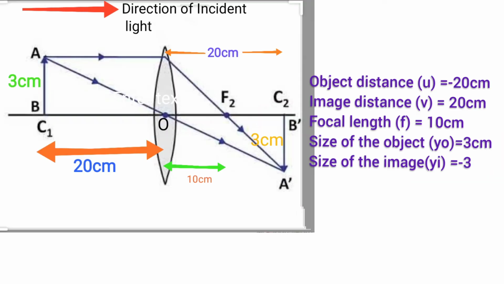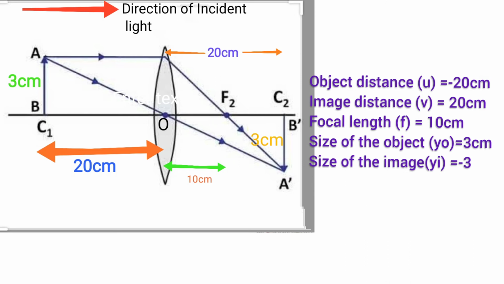In this ray diagram, A dash B dash is the image of the object AB formed by the lens. As per the sign convention, the starting point for measuring the distances along the principal axis has to be the optical center O. The object distance u in this case is OB and not BO. Therefore, object distance u is minus 20 cm.